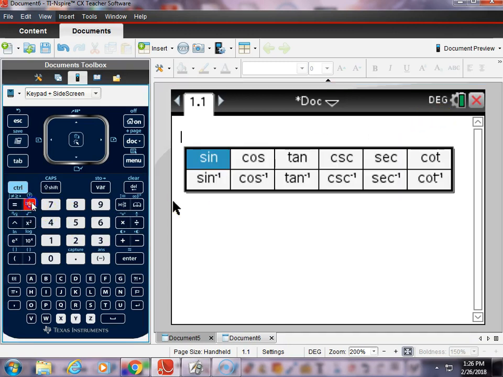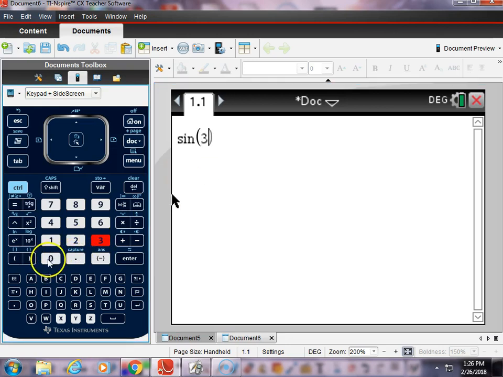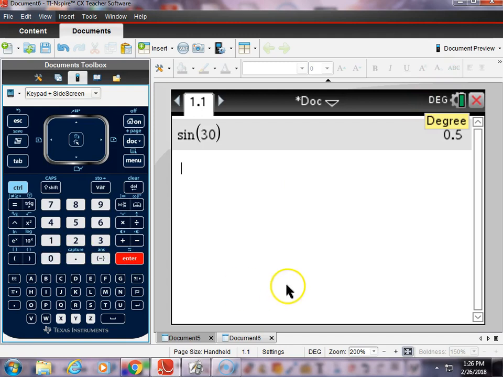So for instance, if I want to do the sine of 30, they're assuming I'm talking about the sine of 30 degrees. Now those of you that know the difference between radians and degrees, 30 degrees is the same as pi over 6 radians.